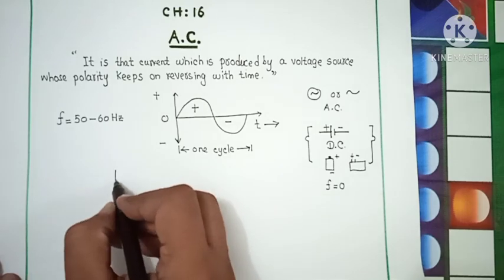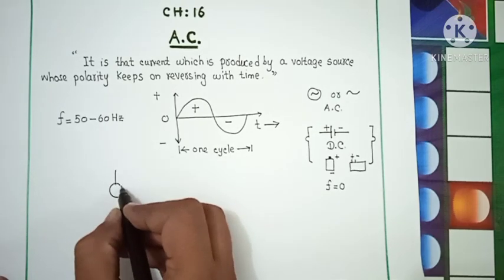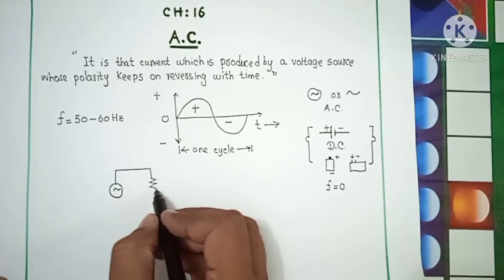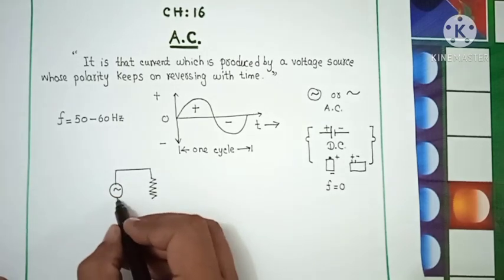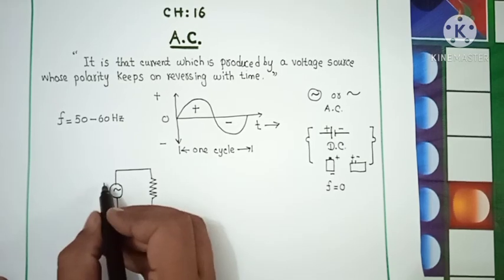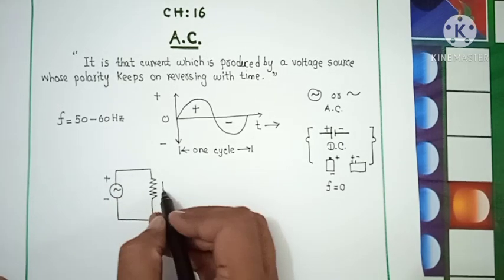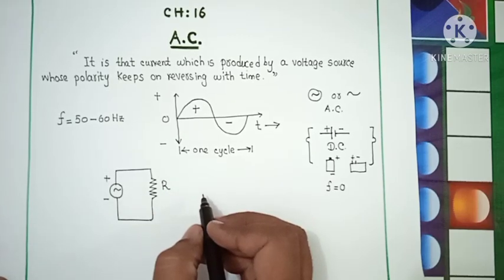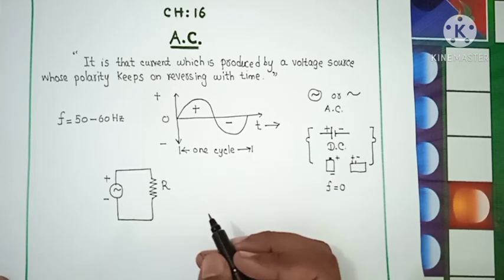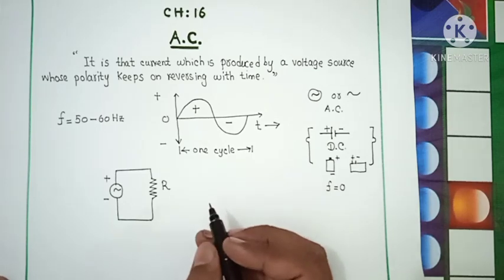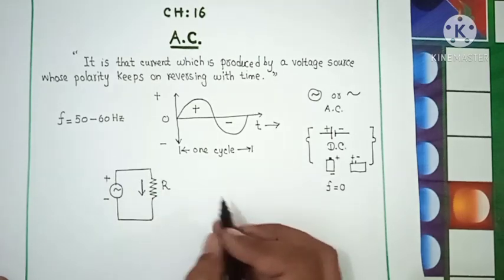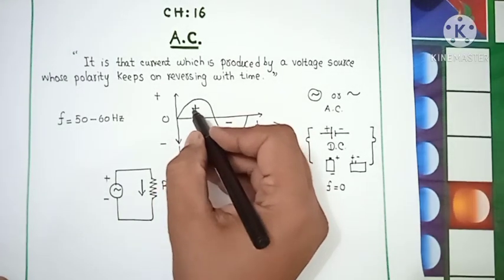Now, if you attach it to a simple circuit, the AC supply provided by WAPDA, plus and minus, passing through a resistor R. The direction of current, dear students, is always from positive towards negative. So this is from positive to negative during the positive half cycle.